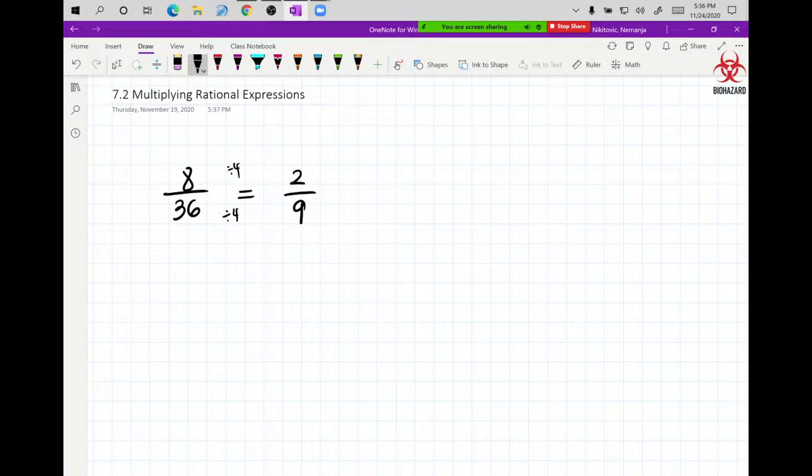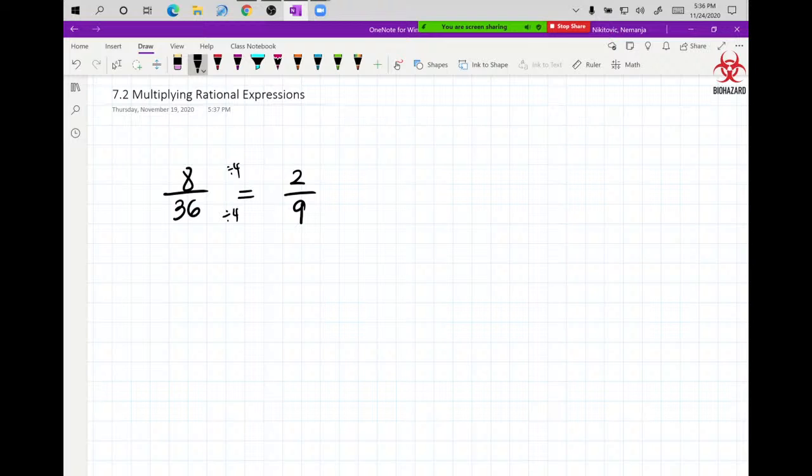So cancelling fractions is very, very useful because we reduce numbers we work with. Now, in terms of algebraic expressions, it's also very useful because we get to work with less variables and less factors.